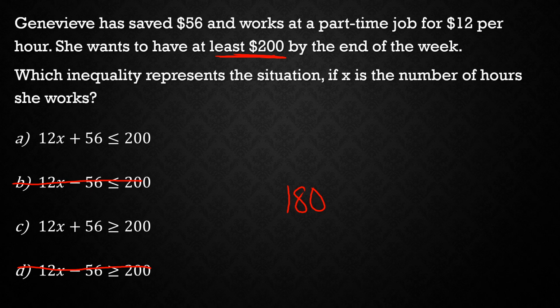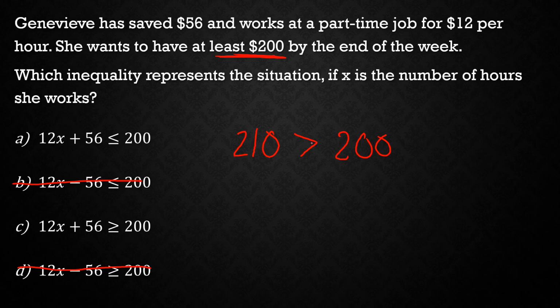And if she goes to the store with $180, is she going to have enough to pay for it? Well, no, right? She's missing $20. So her total needs to be something that's either $200 or bigger. So say I were to have something like $210. That is bigger than 200, right?